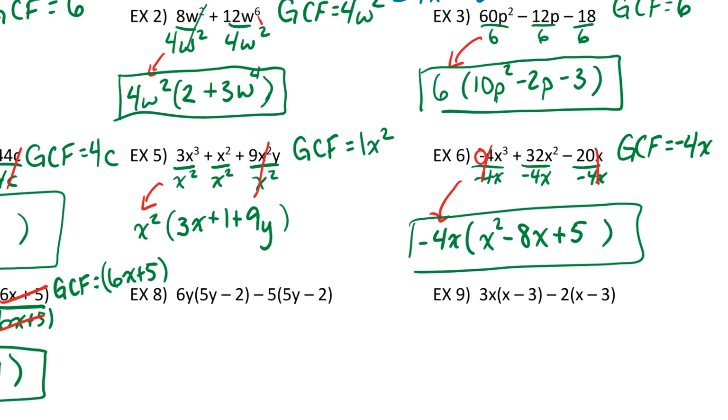All right, last two. For example 8 and 9, they're both going to be very similar. So for example 8, the GCF is going to be 5y minus 2. So that's what we're going to divide each of these by.